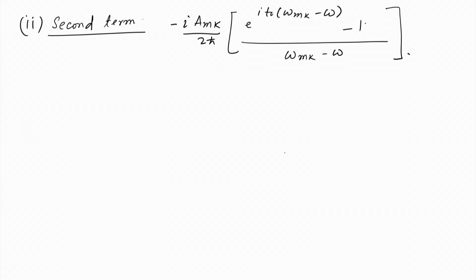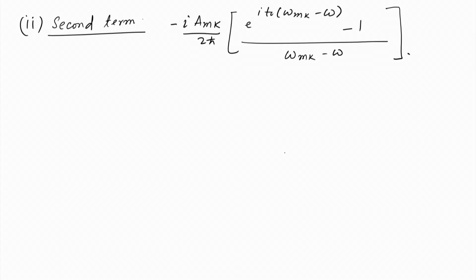So, that gives the second term with 1 exponential minus i t naught omega m k minus omega by 2. If we do that simplification, we can get rid of this i as well, because the sine in terms of the exponential comes with a definition which has a 2 i in the denominator. Once we do all that, which I leave it to you, it is a simple step to complete.